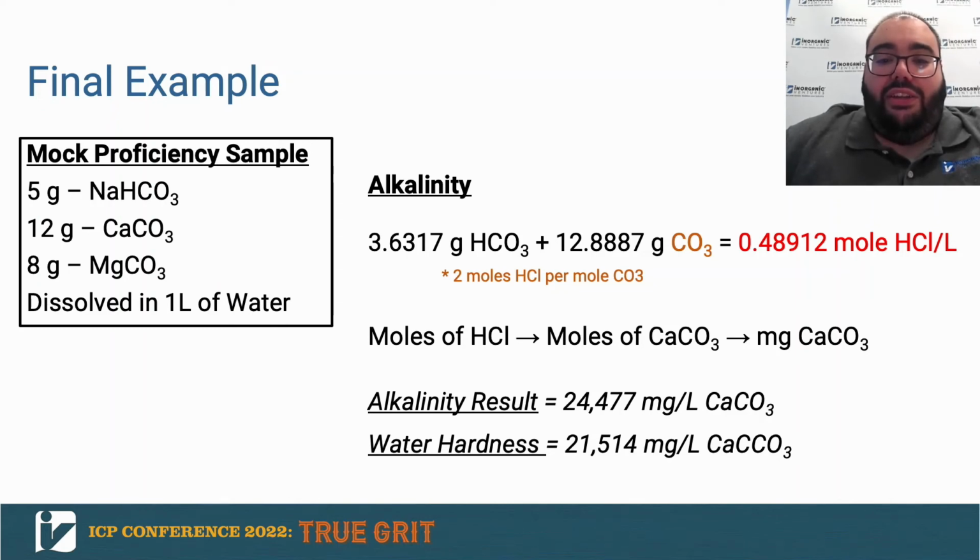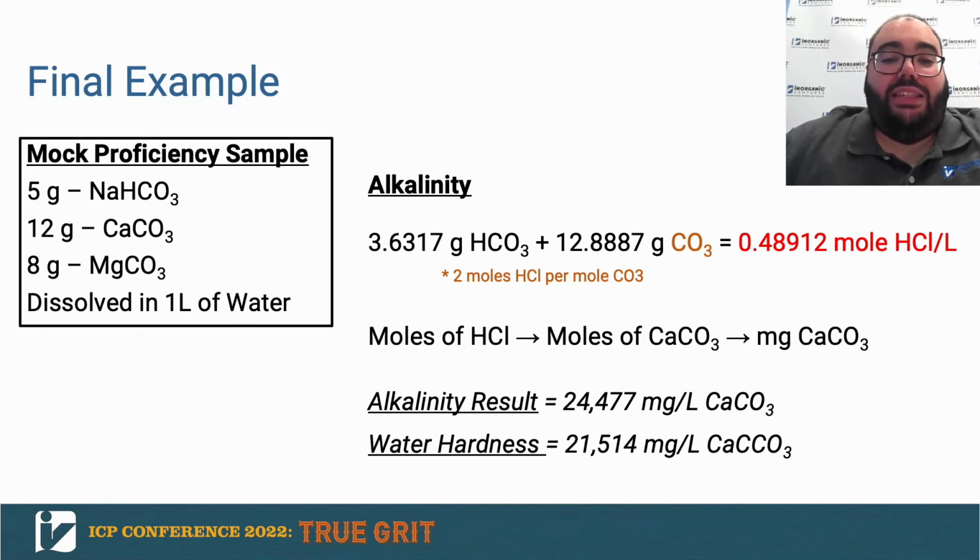I didn't want to make the slide messy with a bunch of calculations, but the final alkalinity result in this one is going to be 24,477 milligrams per liter of calcium carbonate, our expected alkalinity result.